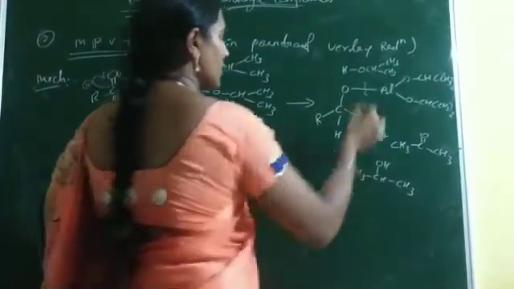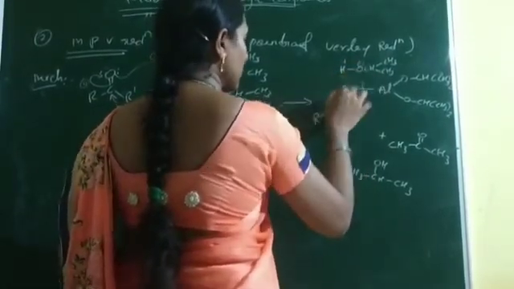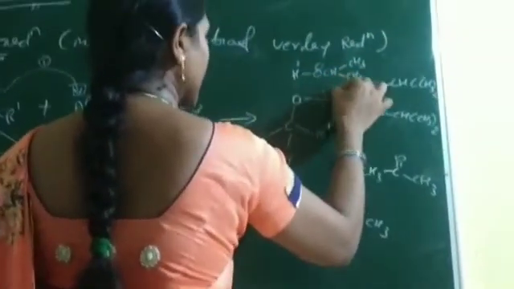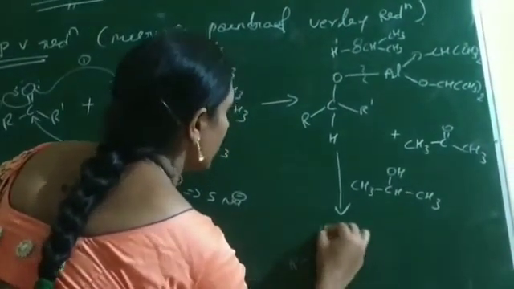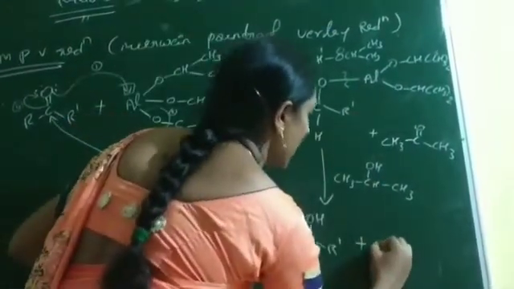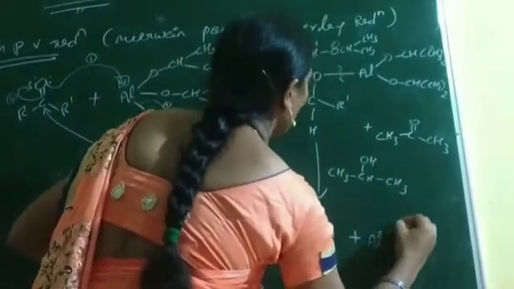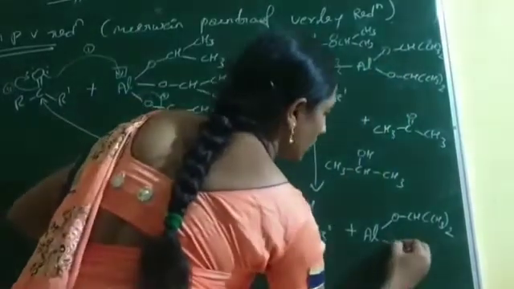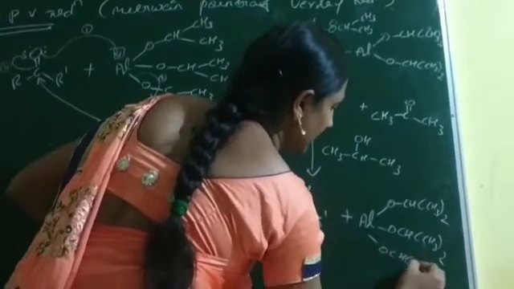Now this OAl bond reacts when treated with isopropanol. The ionization of isopropanol gives H plus and O minus. Now this H plus adds at the electronegative oxygen atom. This O minus adds at aluminium. Now the product is R, C, OH and R dash, plus the byproduct aluminium bonded with O, CH, CH3 twice, and so on.